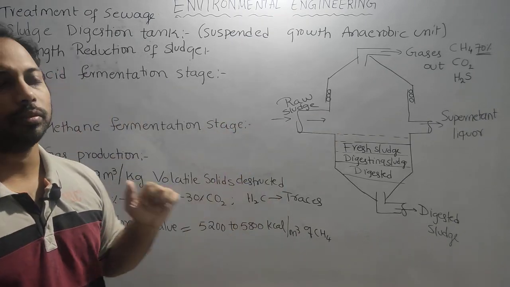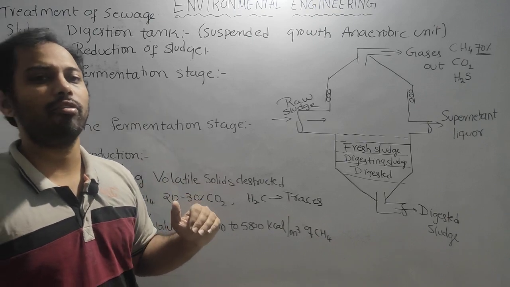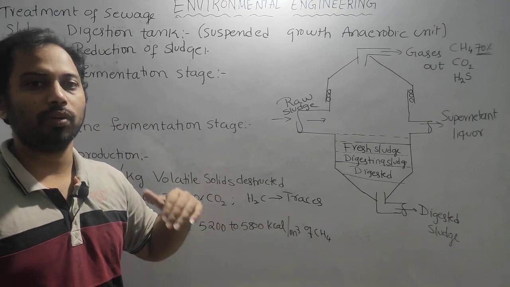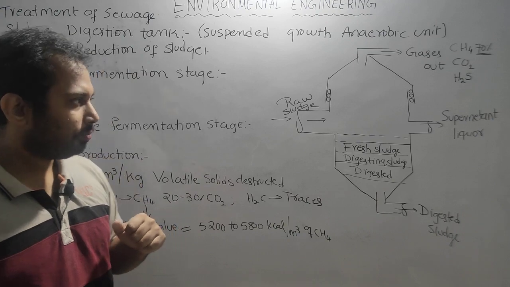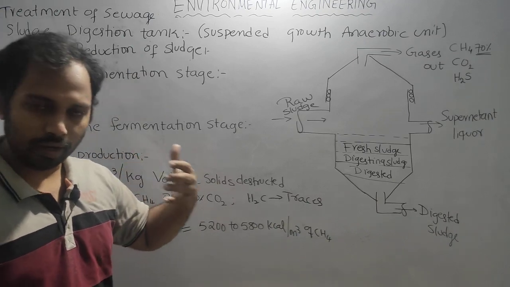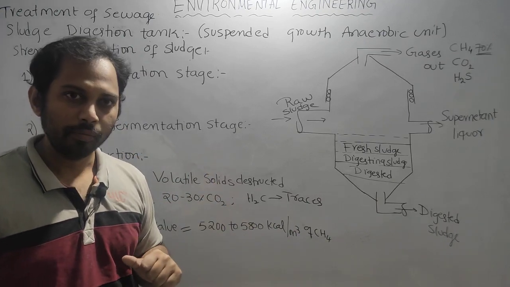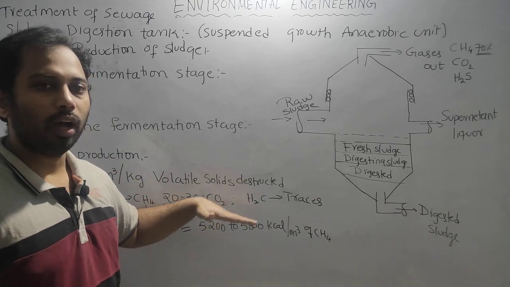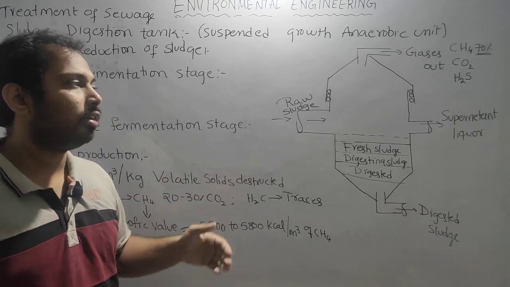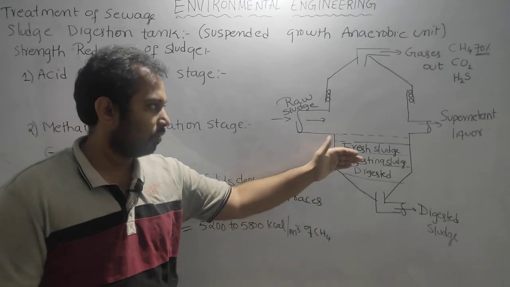And in those solids, we need to find the proportion of volatile. After finding the proportion of volatile, they give the efficiency of the sludge digester.